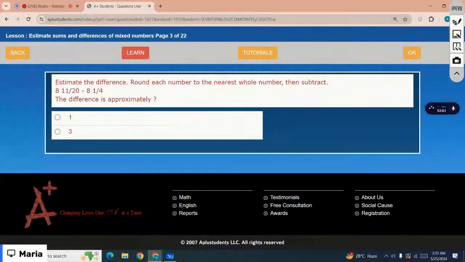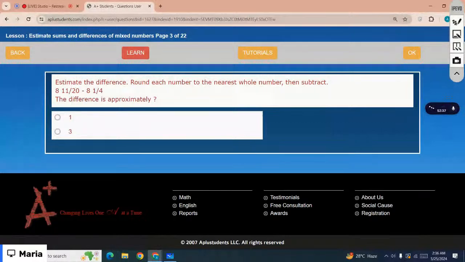8 whole 11 over 12 minus 8 whole 1 over 4. So which is the correct option? You can solve the question in your notebook and write the answer in the chat box.